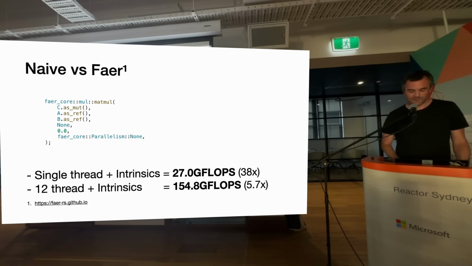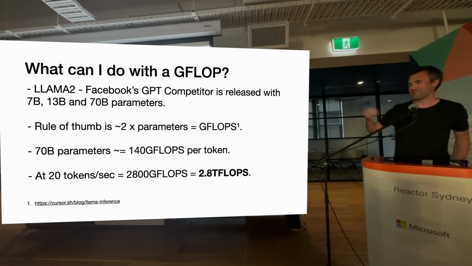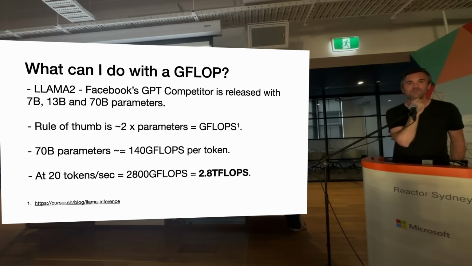So we're at 154 gigaflops, but gigaflops are kind of like this silly number that, you know, it's hard to conceptualize. So I went and Googled and I looked at what GPT is doing. I don't know if this is right, but let's assume it is. These are Facebook's competitor to ChatGPT.